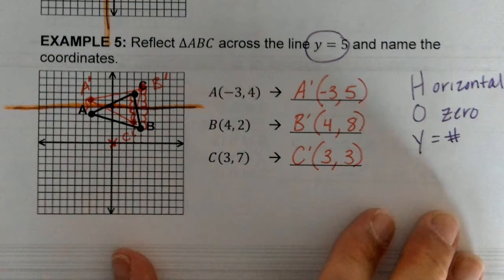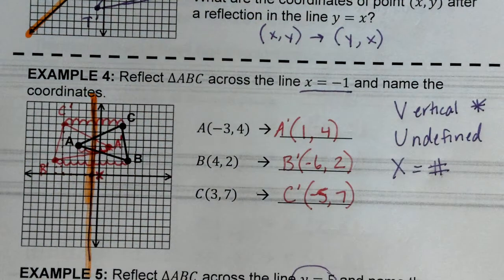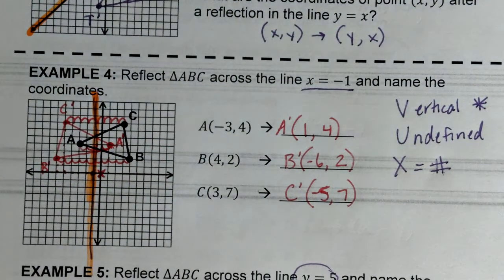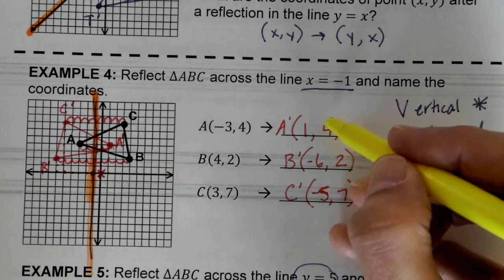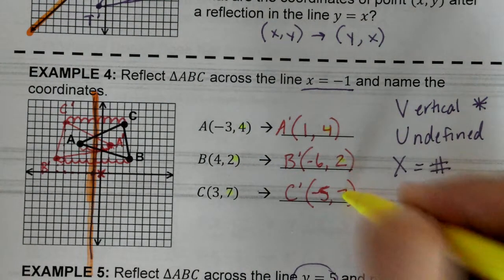Let's go back and look at x equals a number, our vertical line. What I want you to notice is that when we are reflecting over x equals a number, the opposite coordinate stays the same.